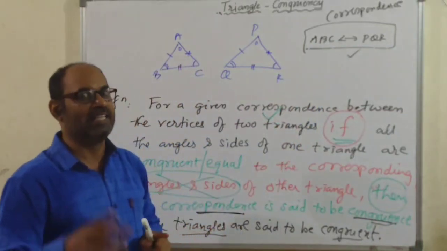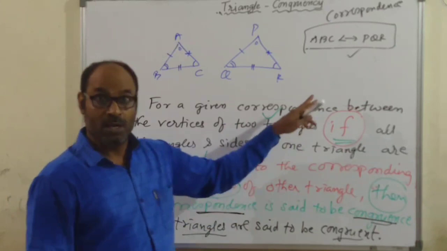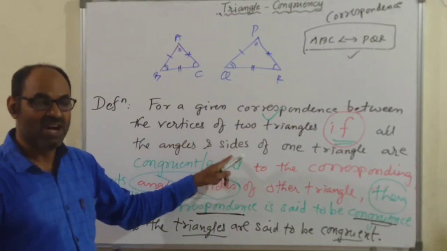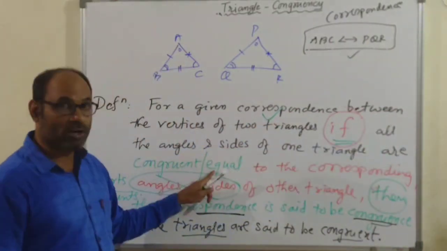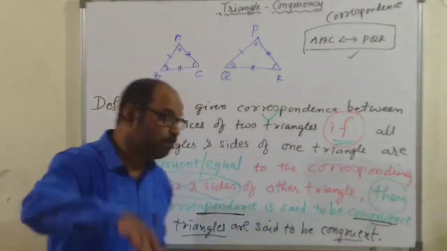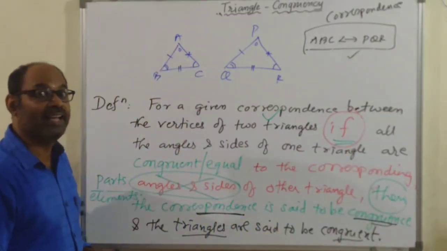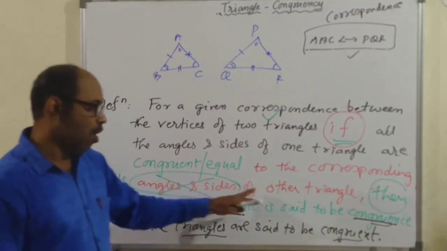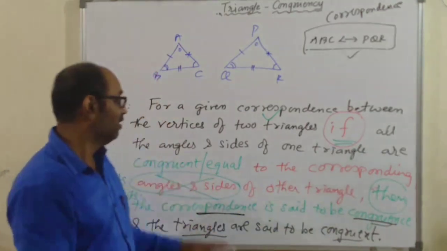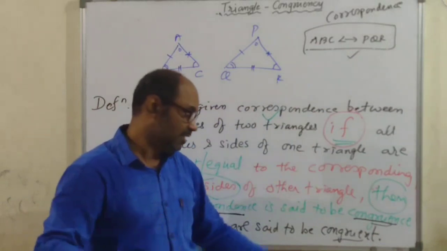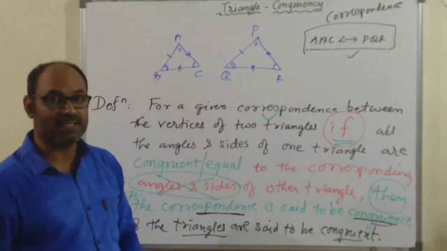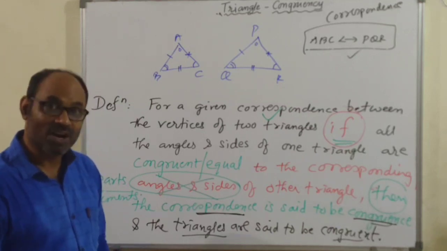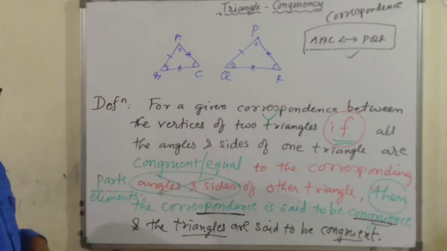If all the angles and sides of one triangle are equal or congruent to the corresponding parts, instead of saying angles and sides, corresponding parts, corresponding elements of the other triangle, then this correspondence is said to be congruent and the two triangles are said to be congruent. Did you understand? So this is the definition of congruent triangles.